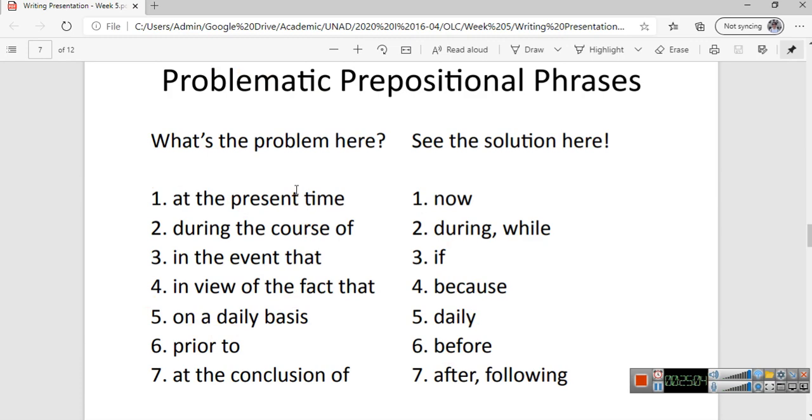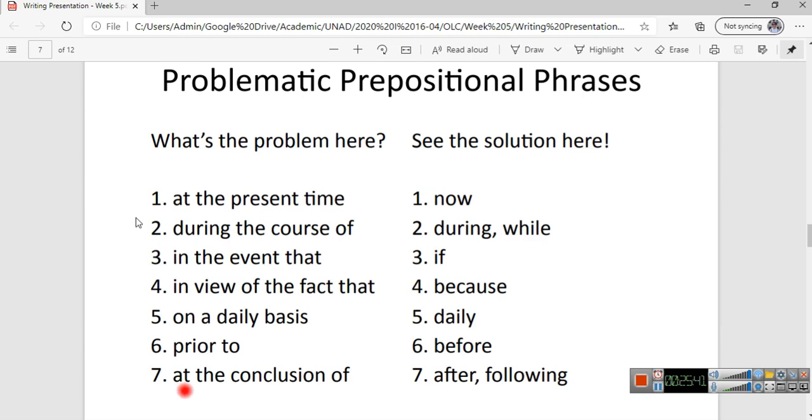At the present time, during the course of, in the event that, in view of the fact that, on a daily basis, prior to the conclusion of.